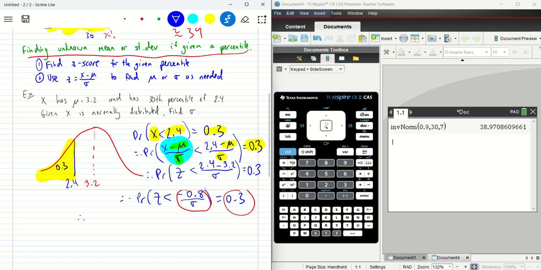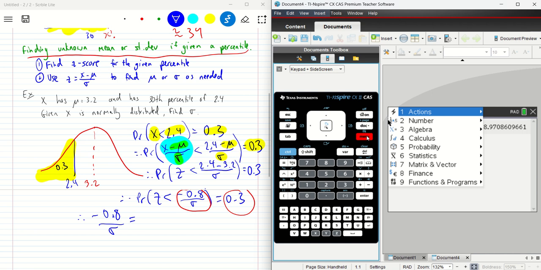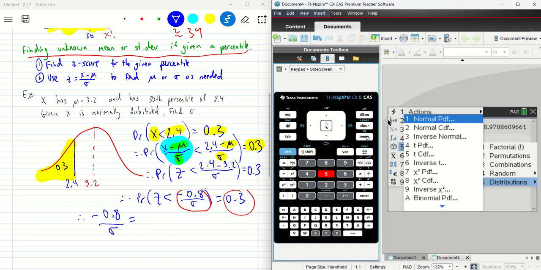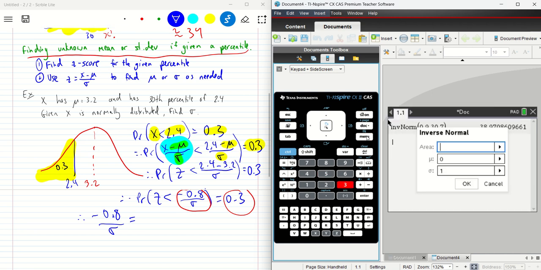And so therefore, we're going to get negative 0.8 over sigma is equal to, and the inverse normal function of the calculator is going to tell us what that's equal to. So let's go to it now. Menu, probability, distributions, inverse normal. The area that I want is 0.3. I want that area there. My mu is 0 because I've standardized that.